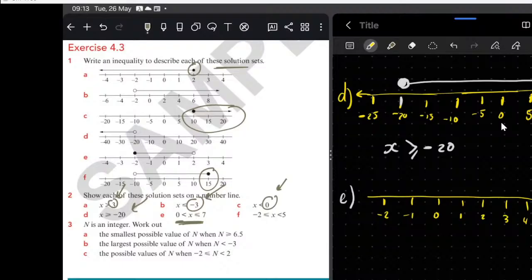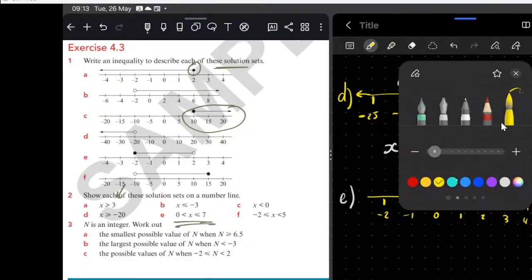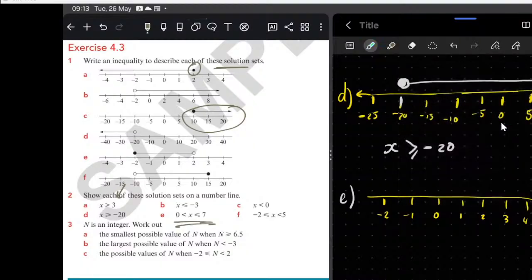What are the 2 positions we're going to put our circles on part E? 0 and 7. Because you can see that it is 0 less than x less than 7. So we are joining two circles, 0 and 7.